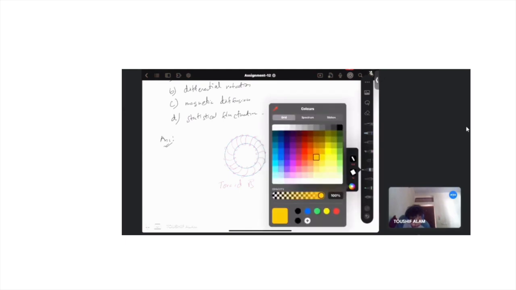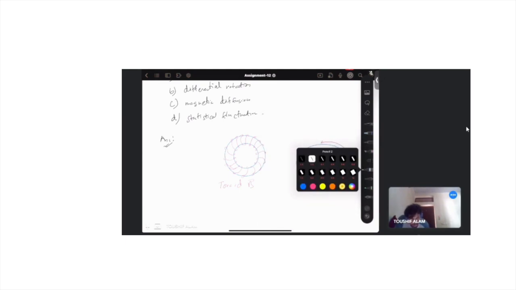I should use some different color. Like this, this toroidal, okay, toroidal loops.